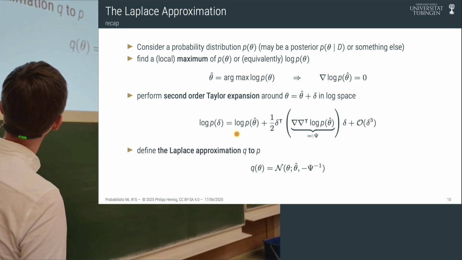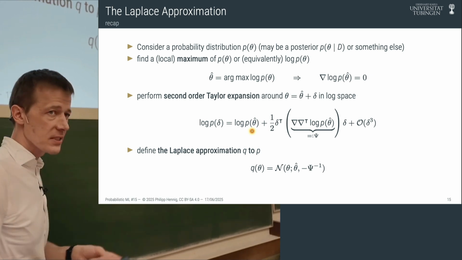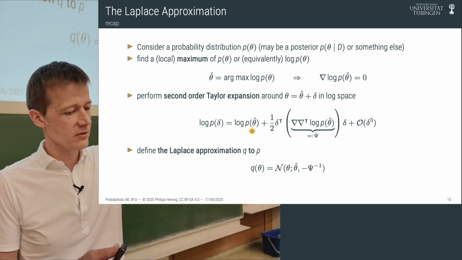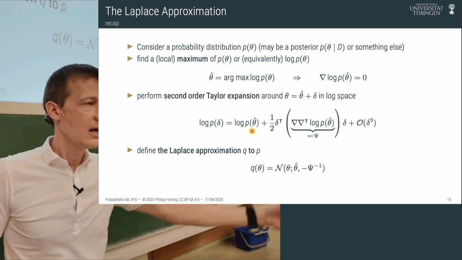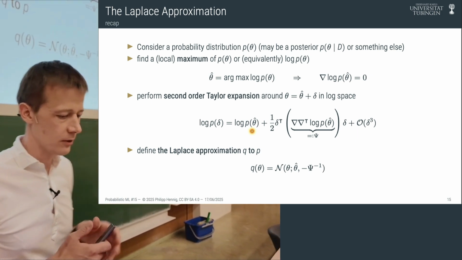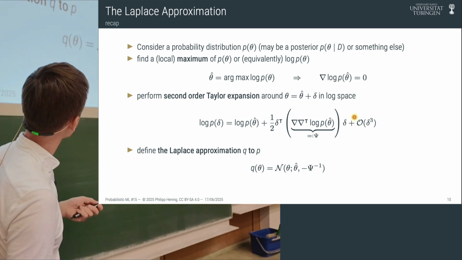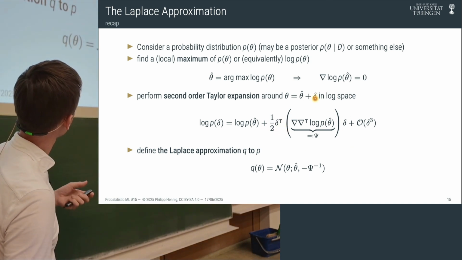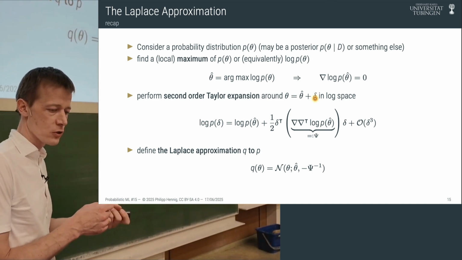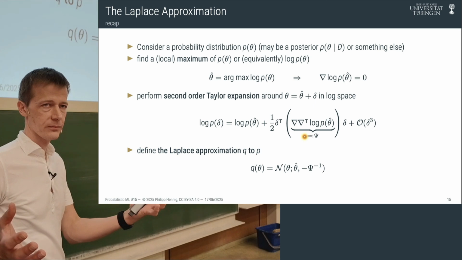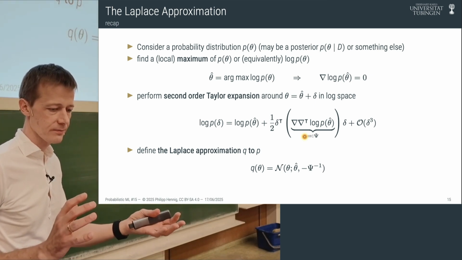So we will compute a constant term, that's the height of the logarithm of the distribution at that point, plus a linear term, which is 0, because the gradient is 0, plus a quadratic term, which looks like this. So it involves a delta, where delta is the shift away from theta hat, the residual, and then a Hessian, a curvature matrix in the parameter space.